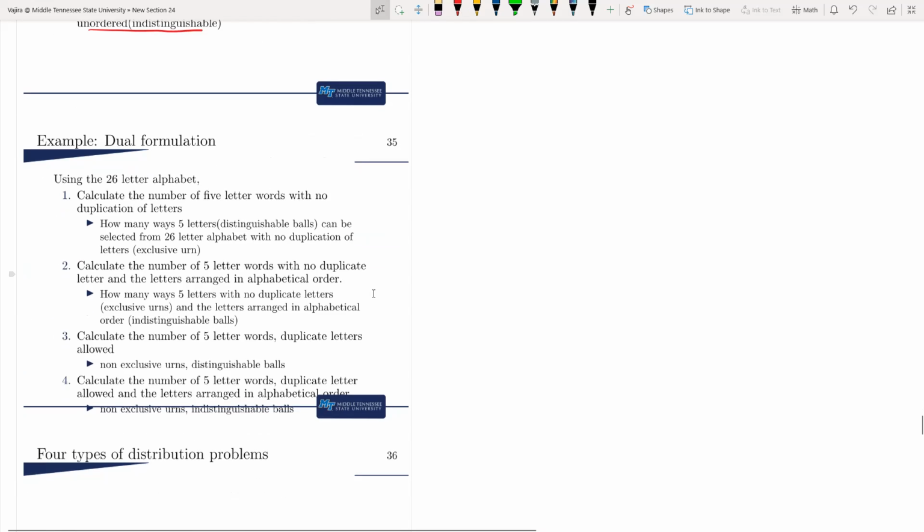So the same question here, you can see, converted to the distributing setting. Calculate the number of 5-letter words with no duplication of letter. That is a sampling problem. Then under the distributing setting, it would be how many ways 5 letters can be selected from the 26-letter alphabet with no duplication of letter. So basically if I try to draw this, then the urns look like this. The last one is Z. Then 5 letters. This is an exclusive urn, so I can put only one.